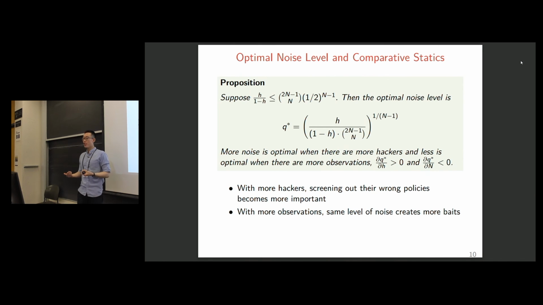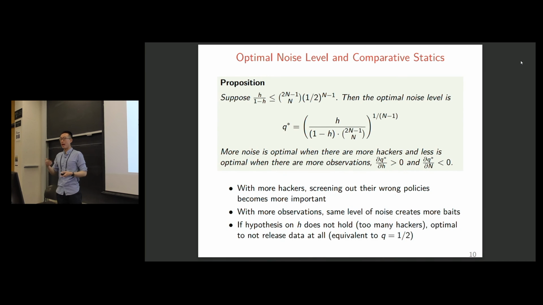And with more observations, the optimal level of noise decreases. The same level of noise creates more baits, and so I can tune back the level of noise, keep the same number of baits, and still provide better data for the actually honest workers.